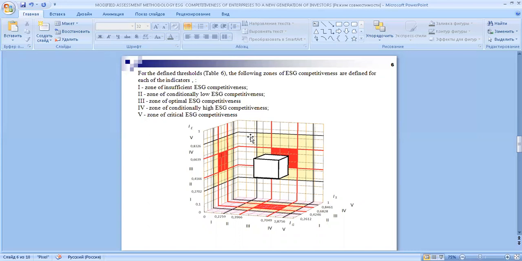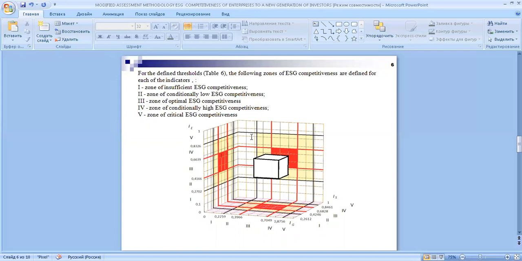The first zone of insufficient ESG competitiveness. The second zone of conditionally low ESG competitiveness. 3, it's a zone of optimal ESG competitiveness, and 4, zone of conditionally high ESG competitiveness, and 5, zone of critical ESG competitiveness.